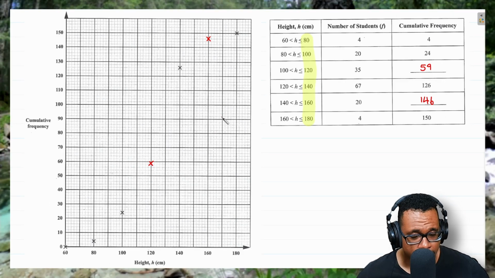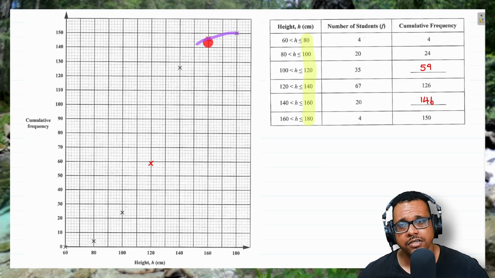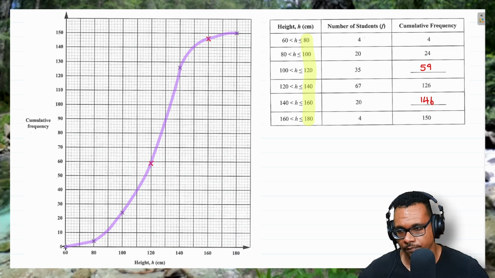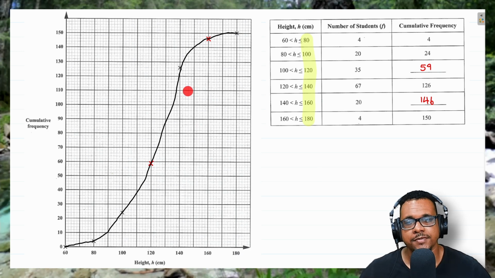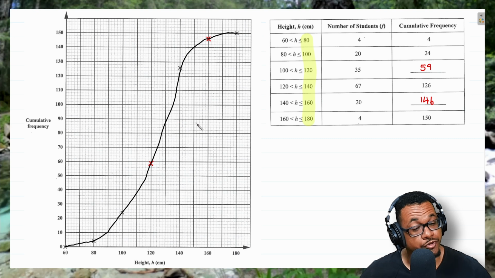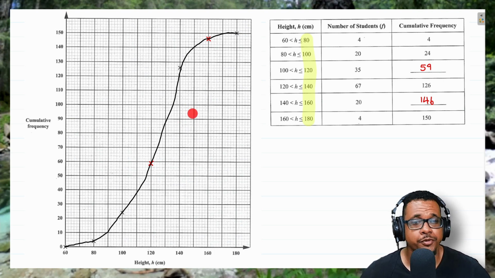So now that we have all our points plotted, we're going to make a smooth curve connecting all these points. So this seems to be the best I could get it on the computer, drawing it freehand, of course. And this would be our cumulative frequency curve.